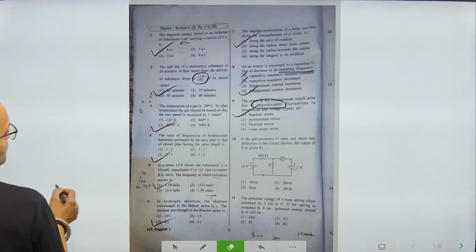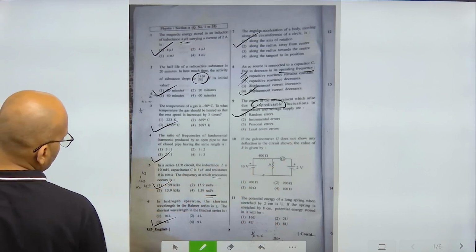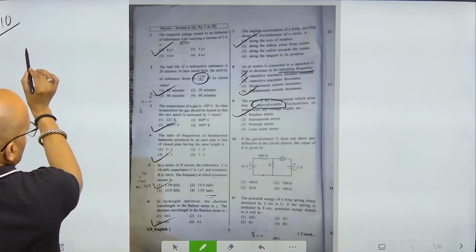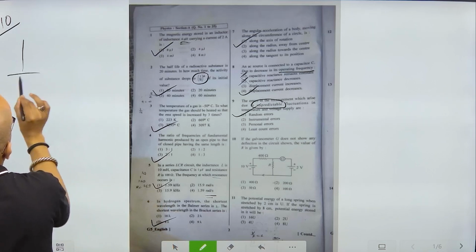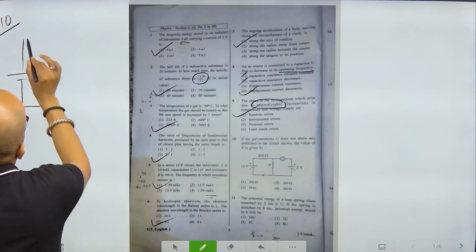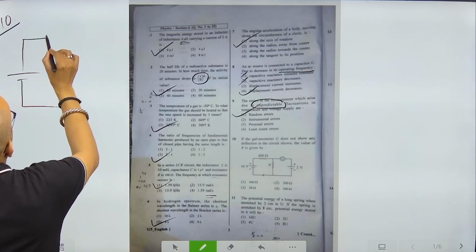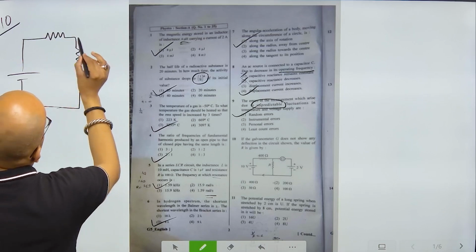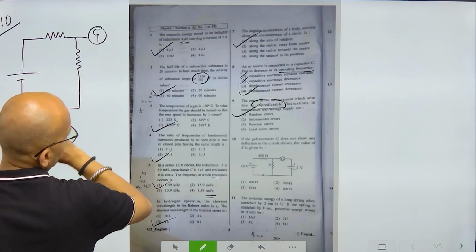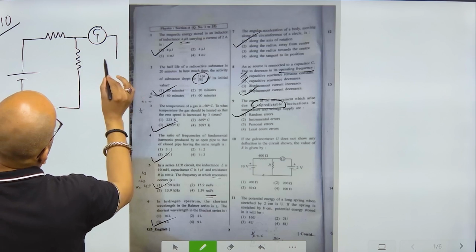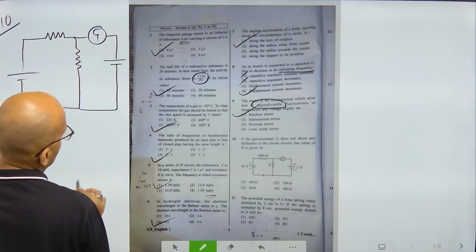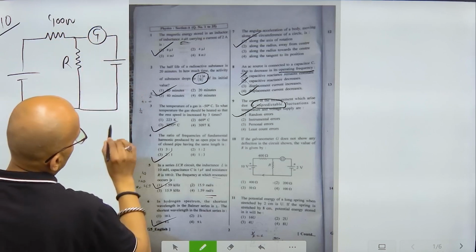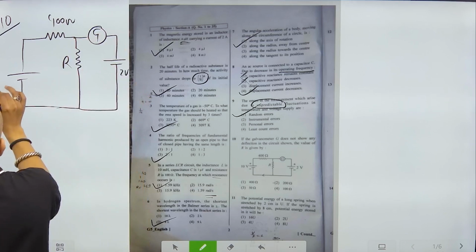Okay, I will solve it. This is 2 volts, 10 volts.